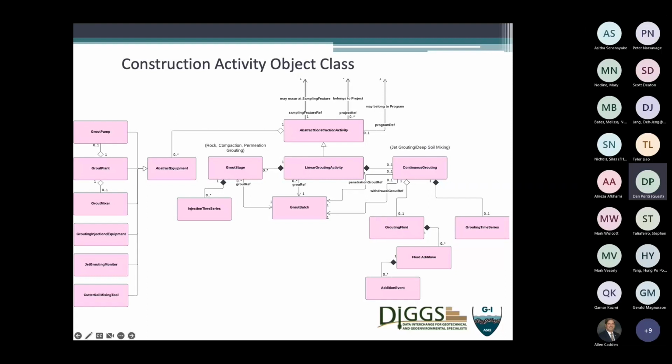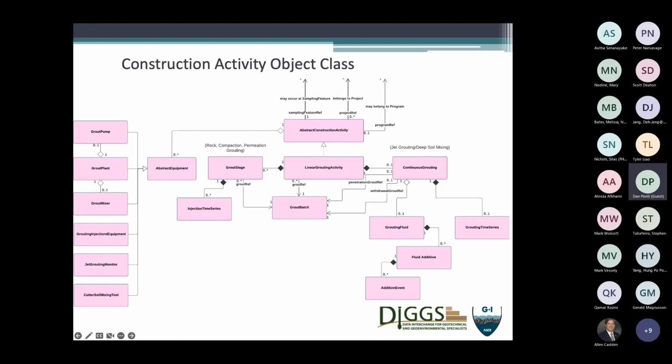This is grouting that's done in a borehole or in linear columns or panels. There's two component objects to that. One of these, called the grout stage, is used for rock compaction and permeation grouting. The other piece, what we call continuous grouting, is for the jet grouting and deep soil mixing activities.